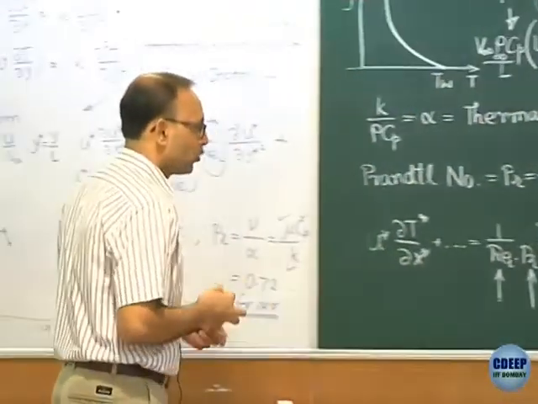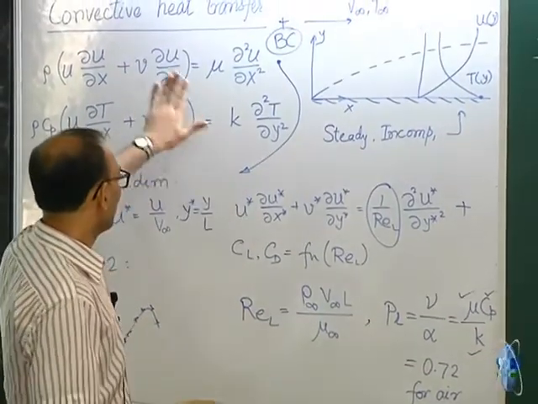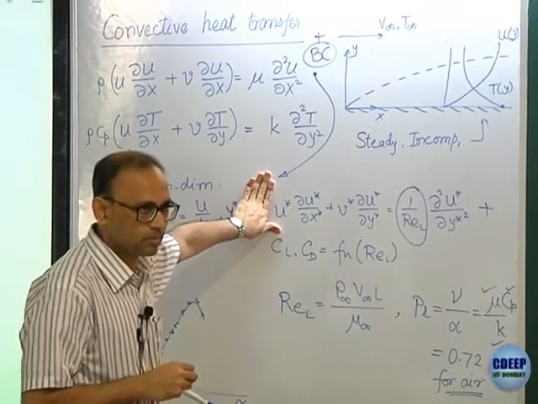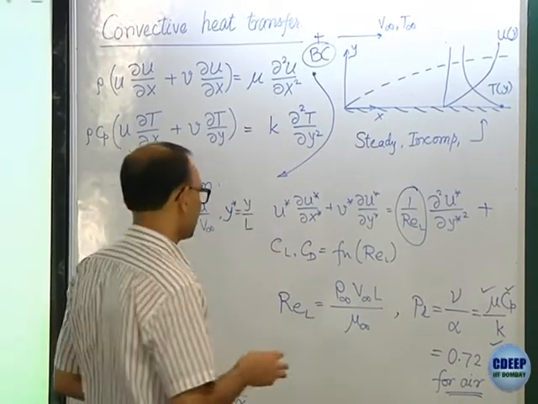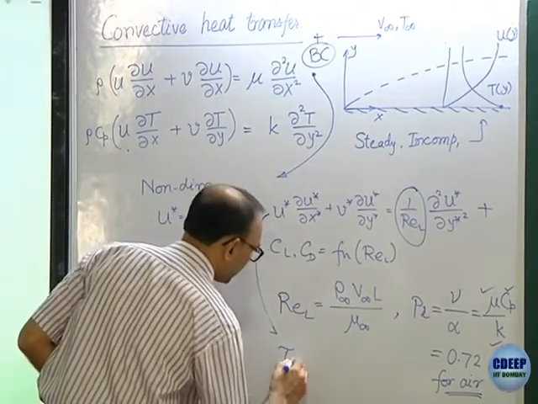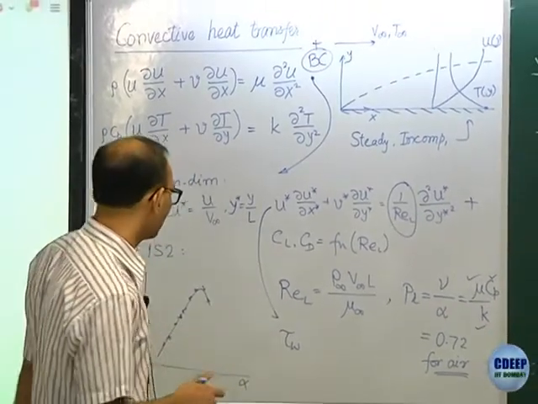So let's step back and see what we did. For momentum, when we write the momentum equation, what we would like to get out of it is friction, the wall friction, the shear stress. So if you solve the momentum equation, you would get the velocity as a function of x and y, you take a derivative, you get the shear stress.